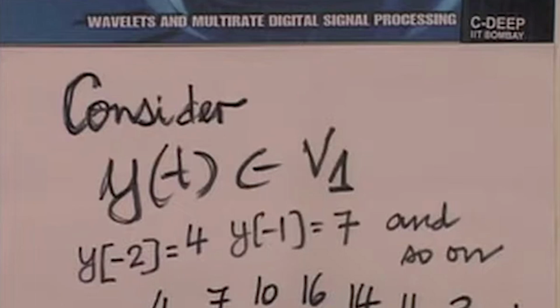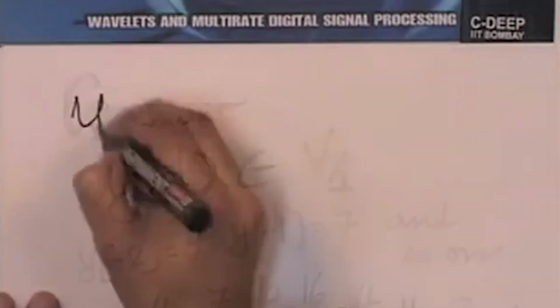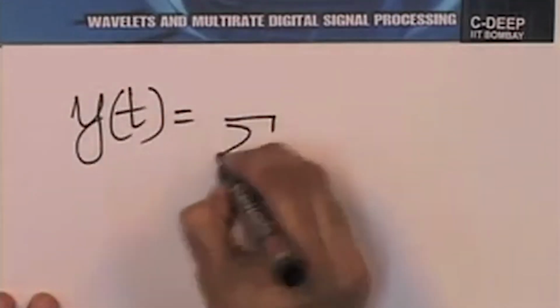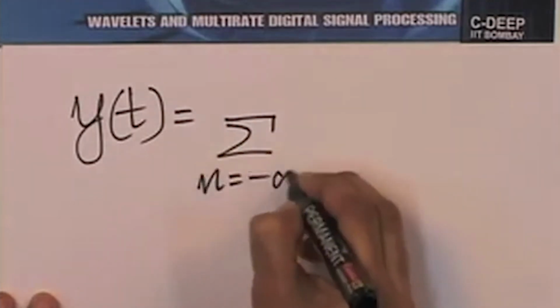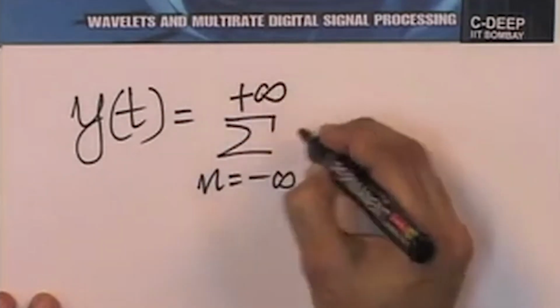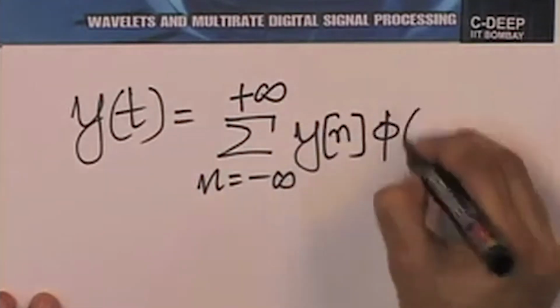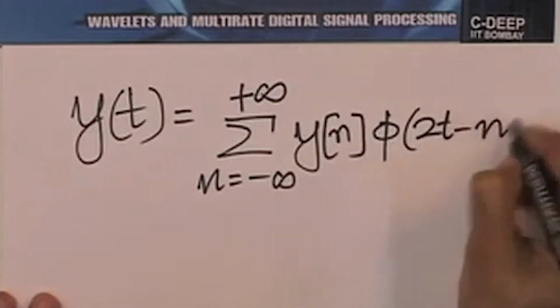So, we have y of t is summation n running from minus to plus infinity, y of n phi(2t minus n).